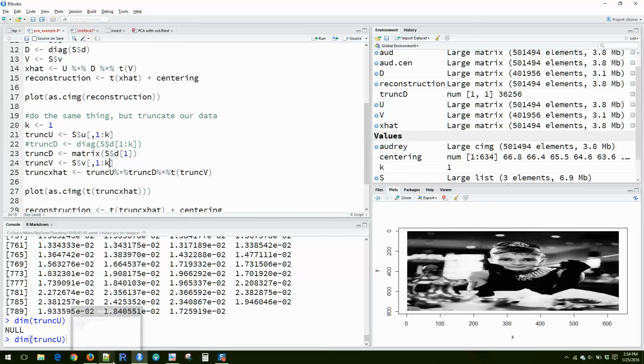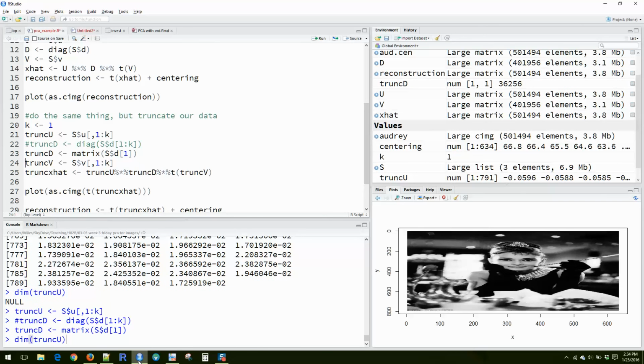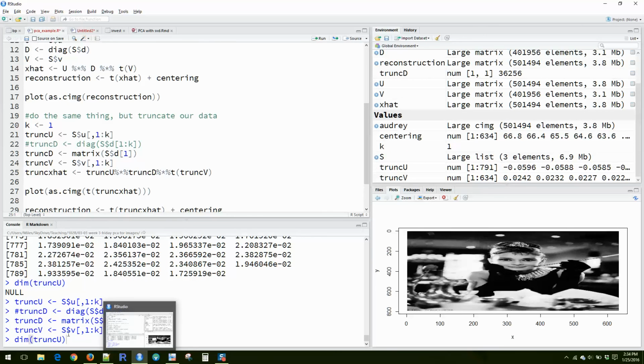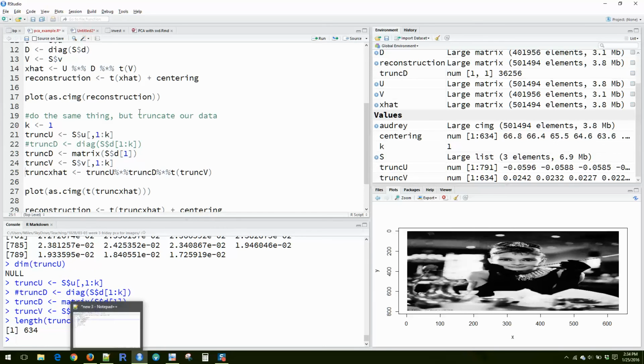So we just have a single vector of 791 values, a single scalar, and a single vector of 600 something values, okay? Okay, 634, all right?